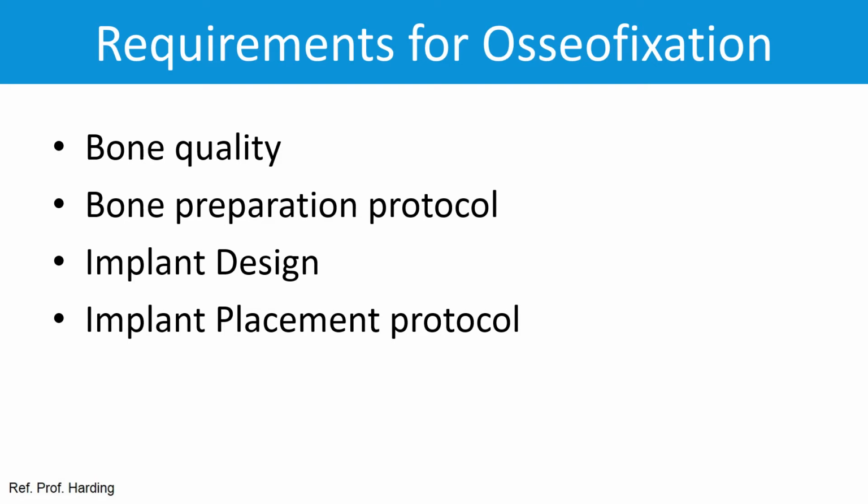So even if we're using a delayed protocol, we want to ensure that we have good primary fixation of the implant in the bone. So for example, if we were to take an implant and just drop it into a fresh extraction socket and leave it rattling around in there, then it's highly unlikely to osseointegrate.